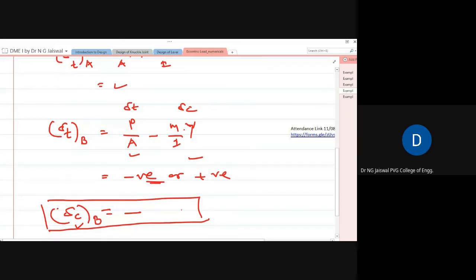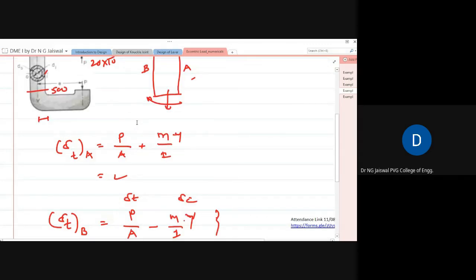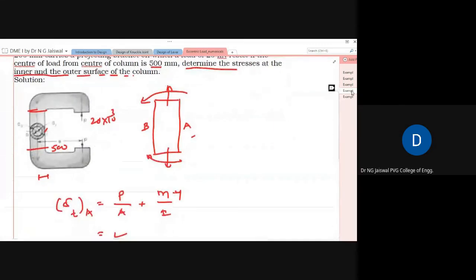With respect to this equation, if the answer is negative, fiber B is subjected to sigma C. If it is positive, fiber B is subjected to sigma T, because P by A is more. That is the way of solving this.